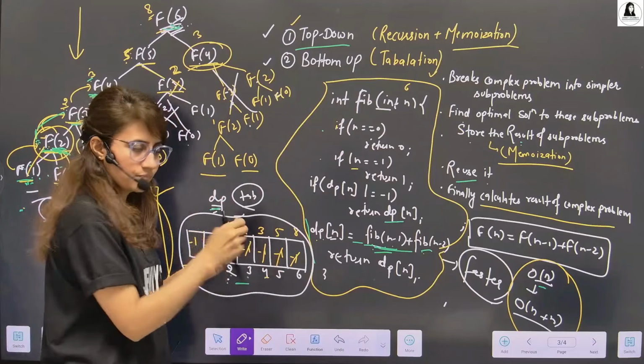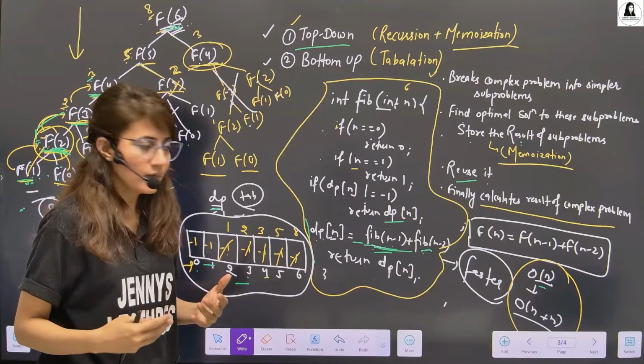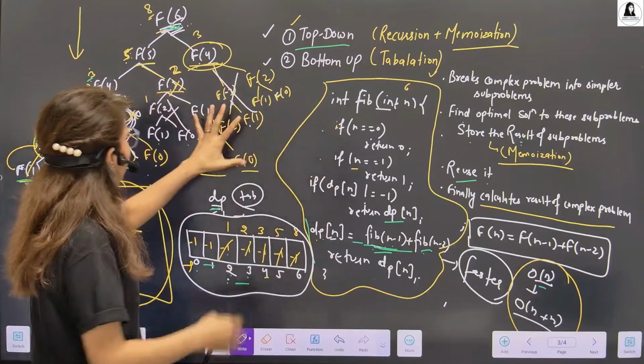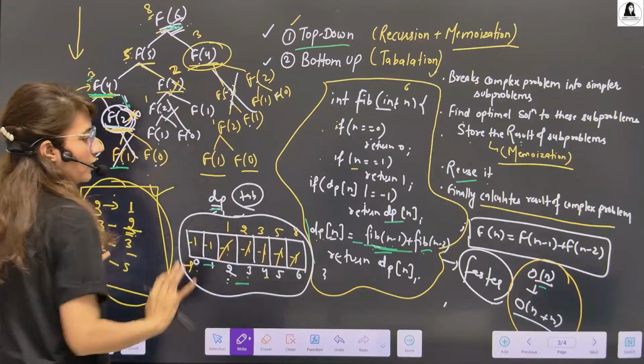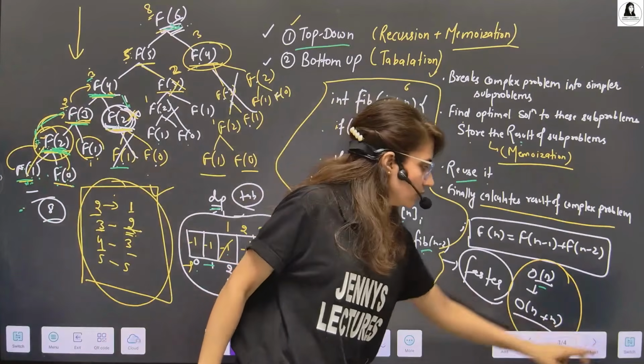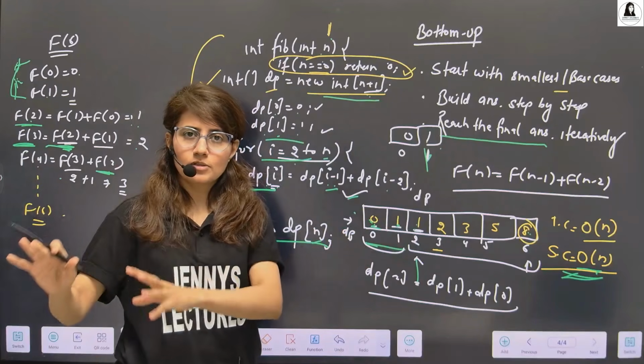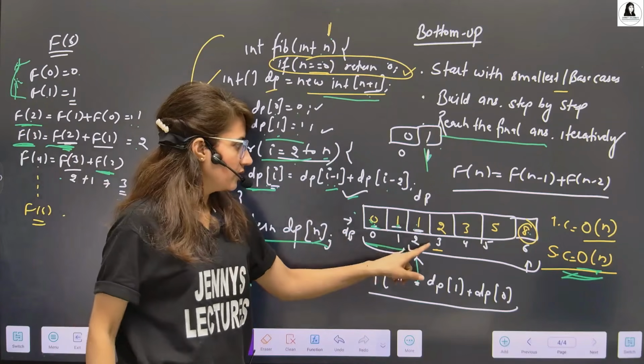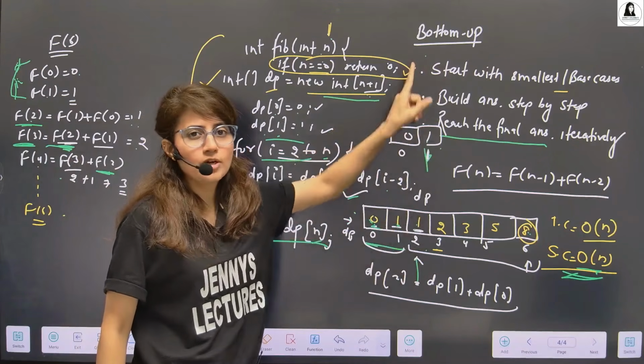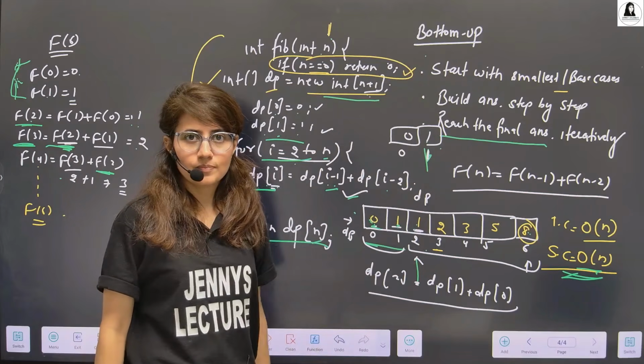Earlier it was with the help of this recursive tree, and then we filled it. But without recursion also, we can directly fill this table. We don't need a recursion tree or recursion. We directly fill this table. That is the bottom up approach, known as tabulation.